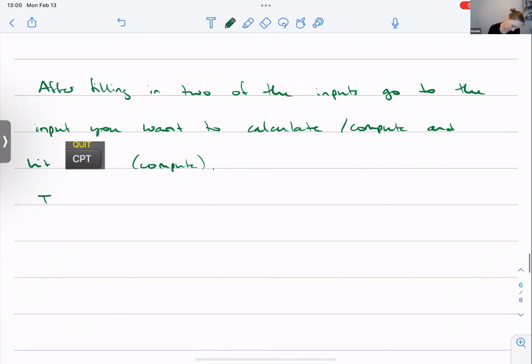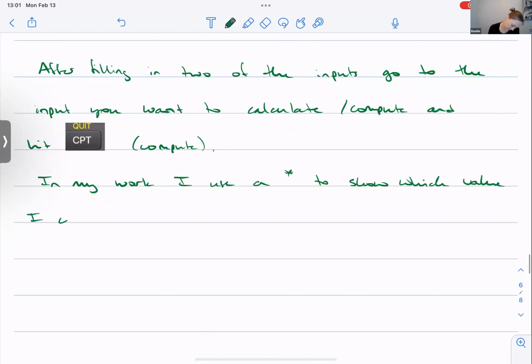In my work, I use a star or an asterisk to show which value I computed.